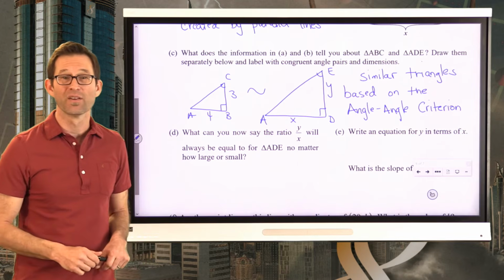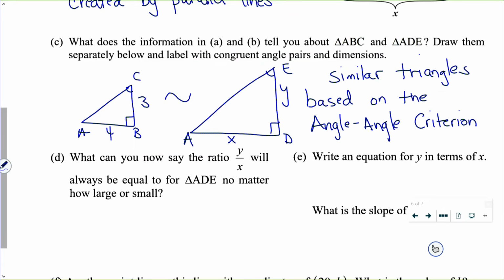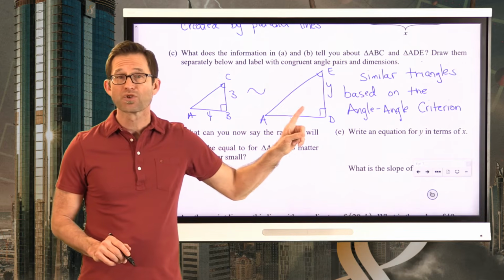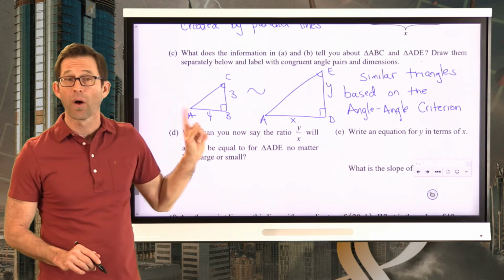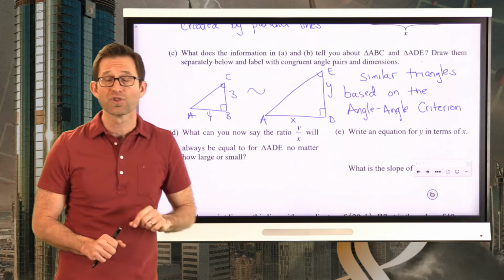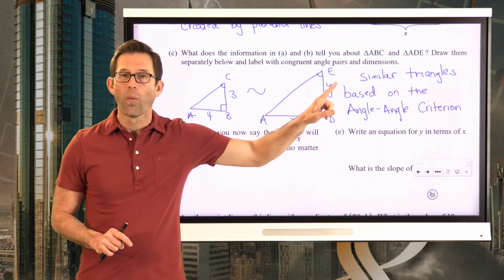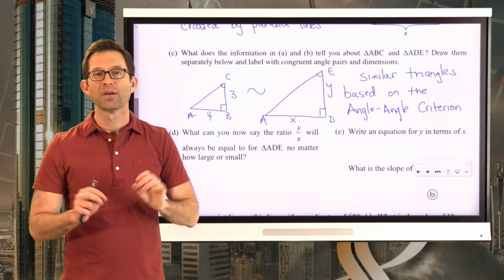So let's take a look at letter D now. What can you now say the ratio y divided by x will always be equal to for triangle ADE, no matter how large or small? All right, so again, this is important. No matter how big or small this triangle is, in fact, it could even be smaller than this, it could be teeny tiny minuscule, or it could absolutely be huge, what can I say that y divided by x must be equal to?